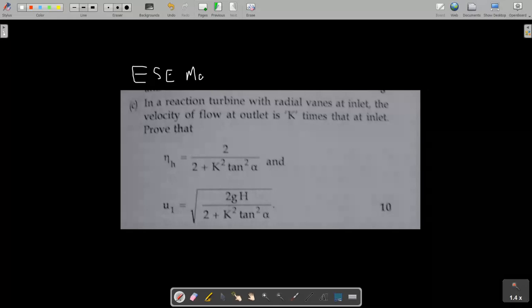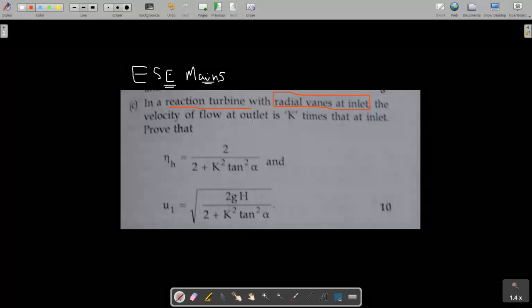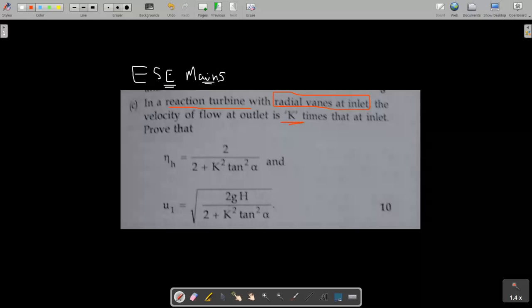So this question is based on a radial flow turbine. The data is: in a reaction turbine, the vanes are radial at inlet. This is the important term. And the velocity of flow at outlet is k times that of the inlet.